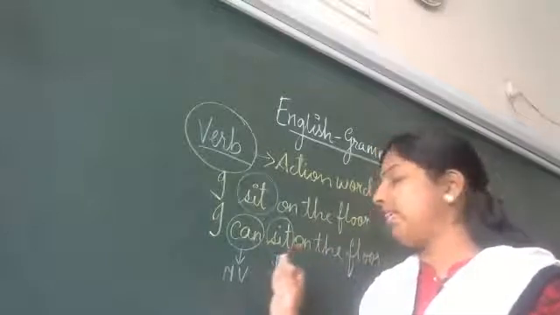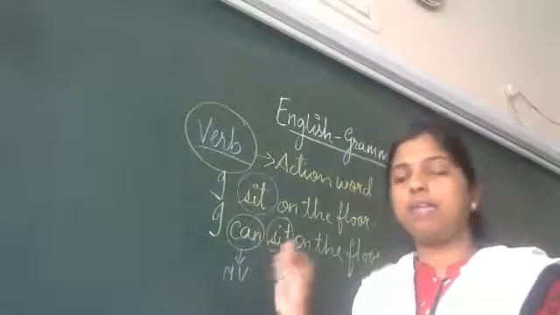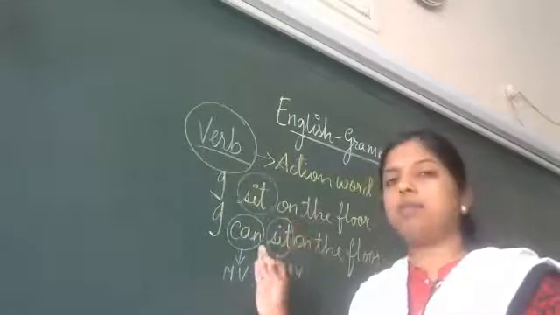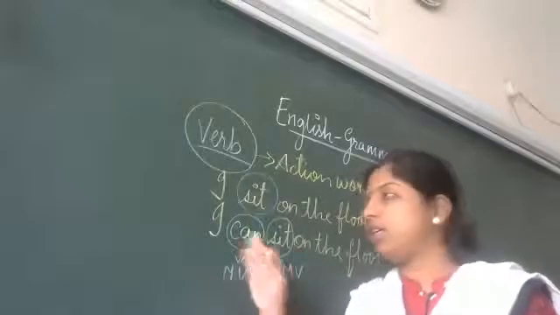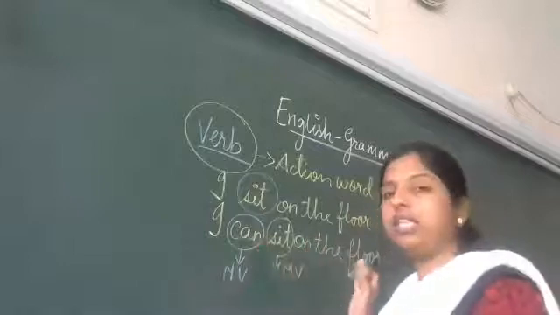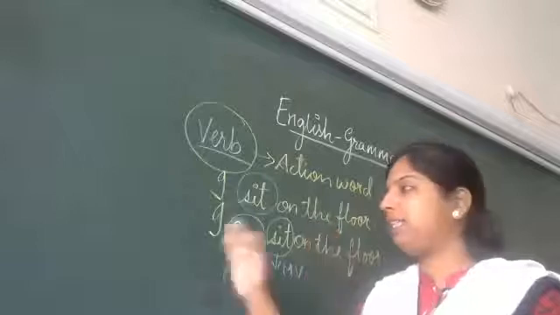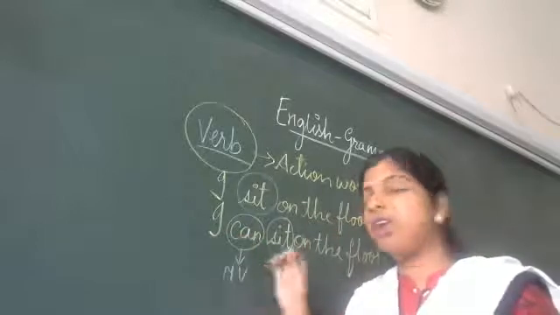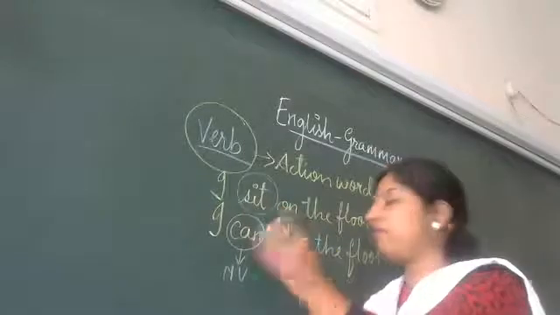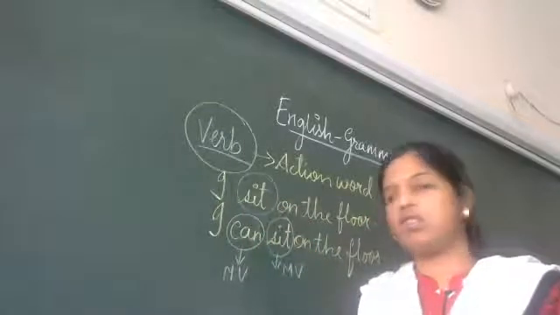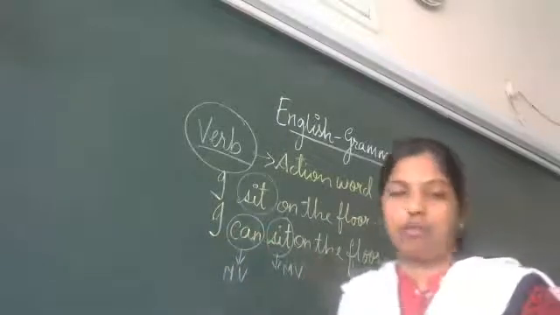So a modal verb always comes before the main verb. Please keep it in mind that modal verbs always come before the main verbs. When we add any one type of modal, the sentence changes. I can sit on the floor.